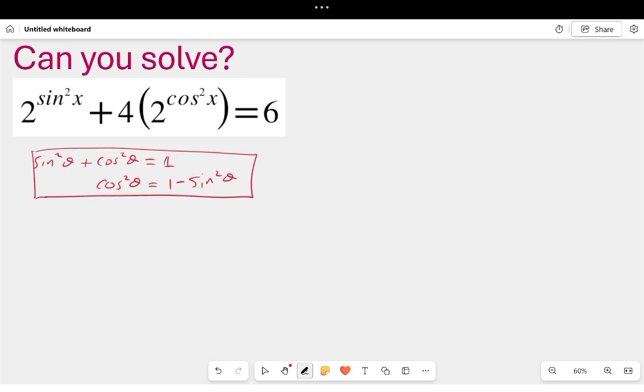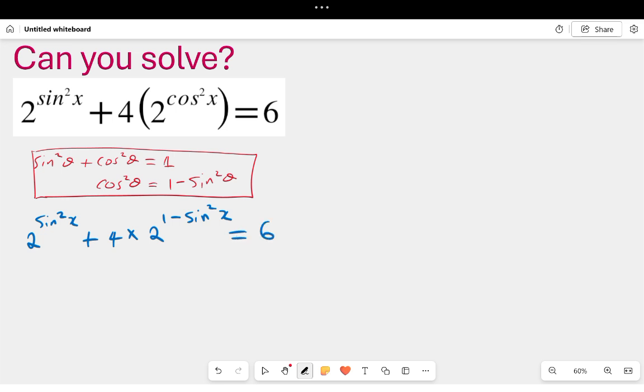Now, starting to solve this, we are going to change the cosine that is given there to sine. Now the equation is going to look like 2 sine squared x plus 4 times 2 to the power of cosine squared x. Instead of cosine squared, we are going to replace it with 1 minus sine squared x, which is equal to 6.